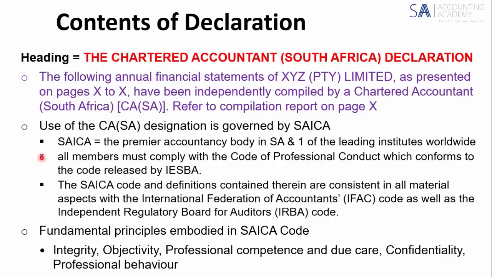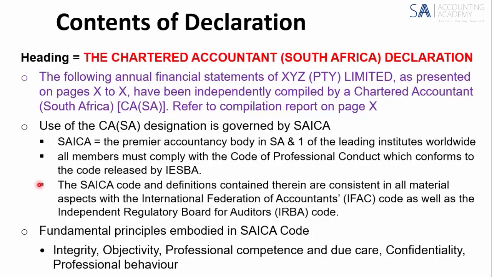They also state that all members must comply with a code of professional conduct issued by SAICA, and that conforms to the code that was released by IESBA. So the SAICA code and the definitions therein are consistent in all material aspects with the IFAC code. Now, the IFAC code is the IESBA code. Remember, IESBA is a sub-body of IFAC, as well as IRBA.